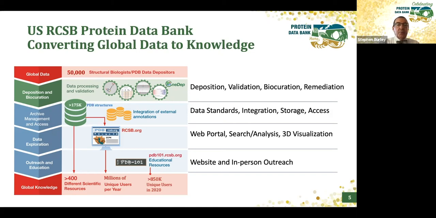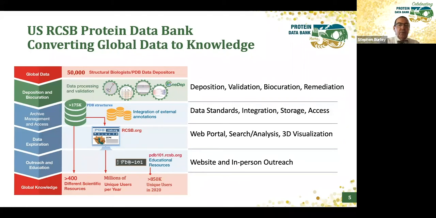The output of the deposition and biocuration team goes at the RCSB Protein Data Bank here in the US to an archive management and access team, which is responsible for consolidating the newly arrived information, integrating it with a series of external data resources, and then making it available through the archive, the green oil drum in the middle of the picture, to more than 400 different external scientific data resources, many of which repackage and redistribute PDB data.